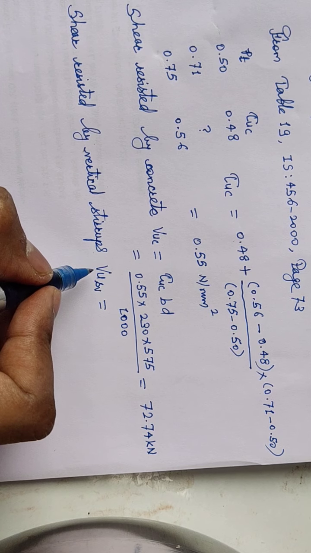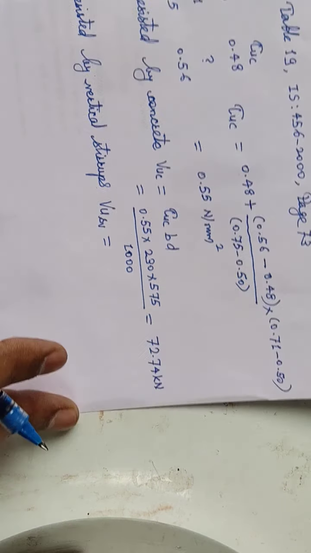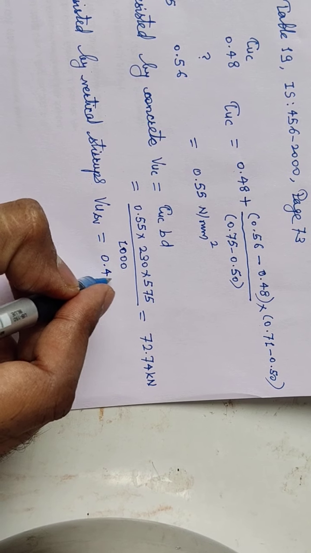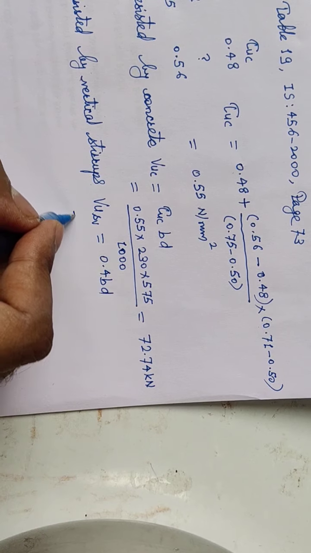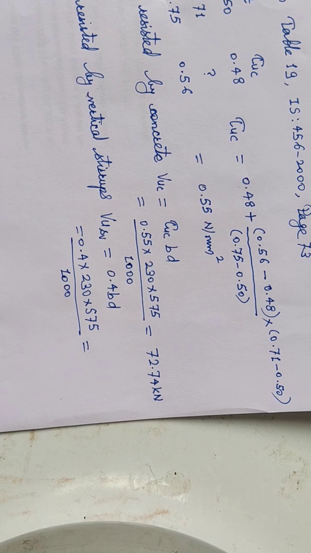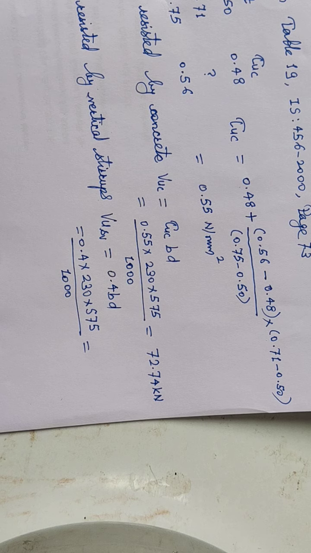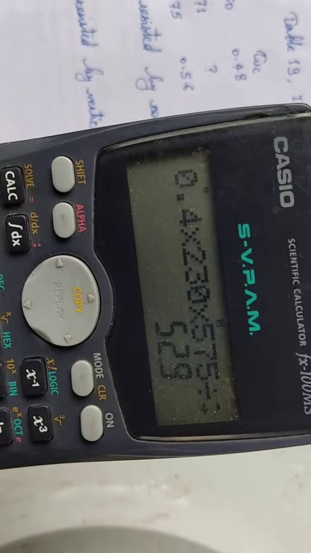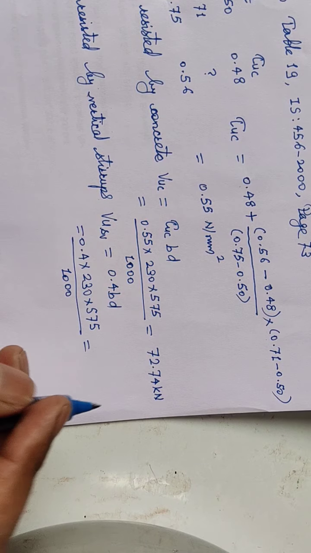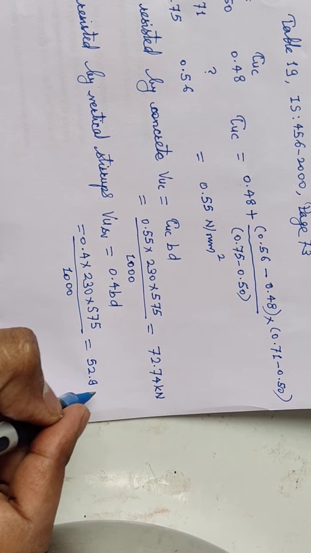Shear strength of vertical stirrups is given as 0.4 times B into D. So 0.4 into B is 230, small d is 575. Again you divide this by 1000, you will get this value in kilonewton. So 0.4 into 230 into 575 upon 1000 is 52.9 kilonewton.